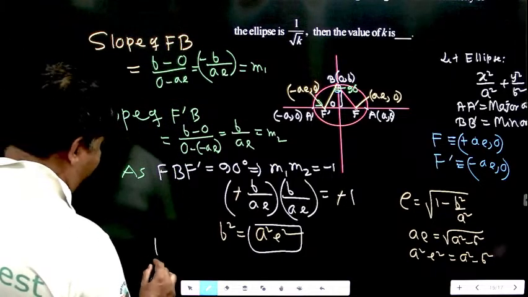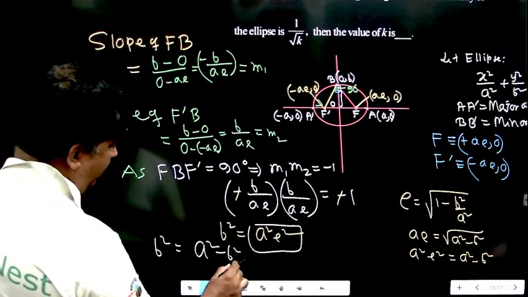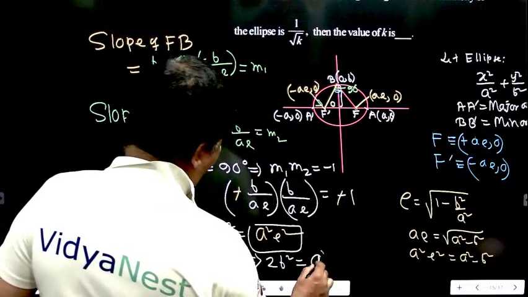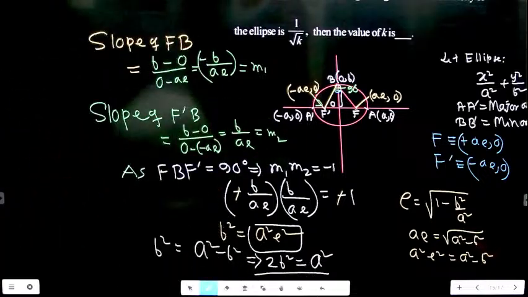So you write a square minus b square. That will give us 2b square is equal to a square. 2b square is equal to a square.